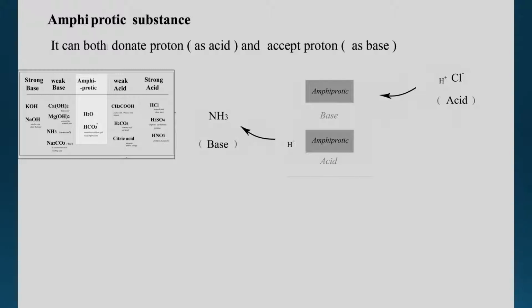For example, ammonia is a proton acceptor, a strong base that tries to gain a proton. Then the amphiprotic becomes an obliged giver, giving H+ ion as an acid.